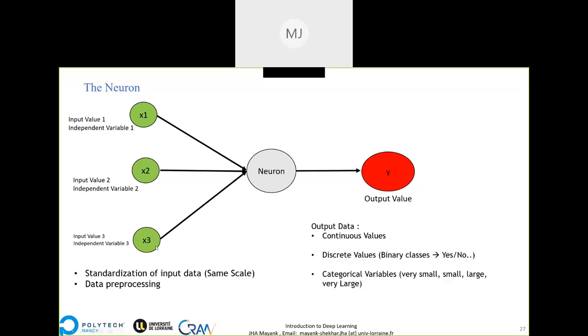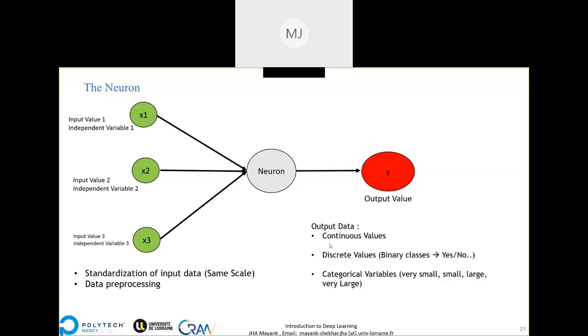The input data can be a vector of input data. They can be dependent on each other, but usually they are not dependent, and these are known as features. So x1, x2, x3 to xm are known as features, which may or may not be dependent on each other. Nowadays, it's possible to process both kinds of features, but usually they are independent.